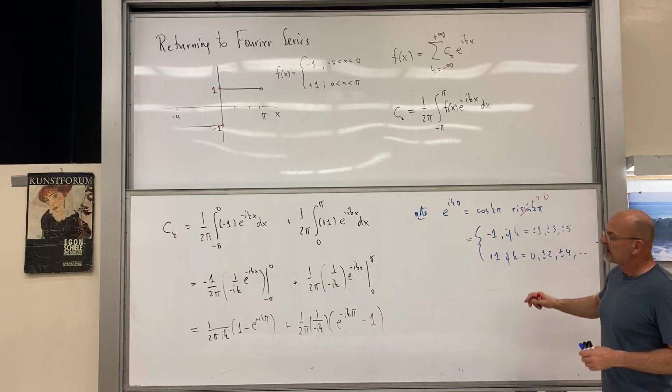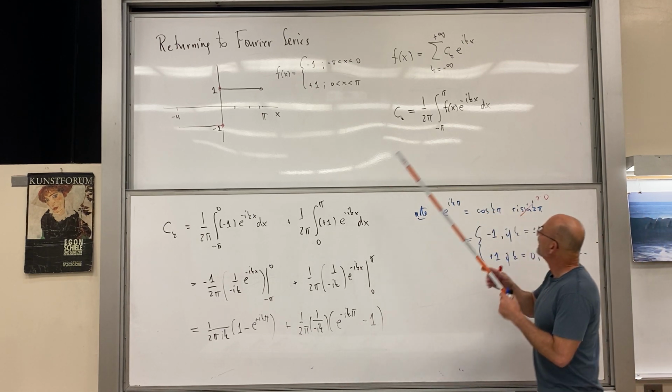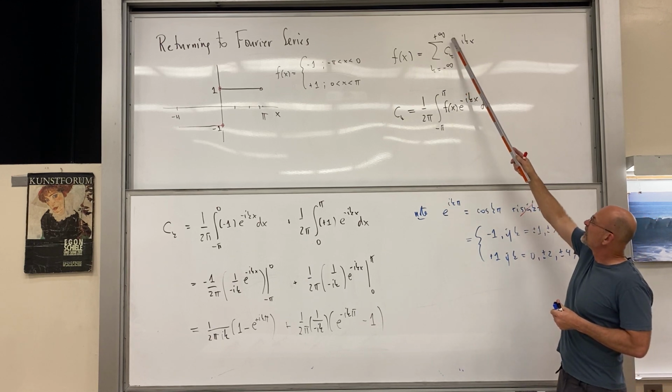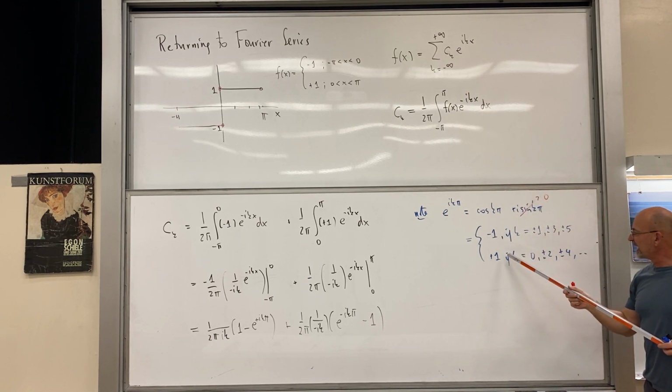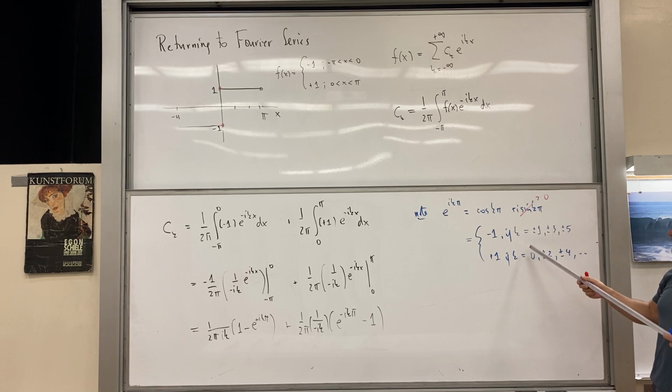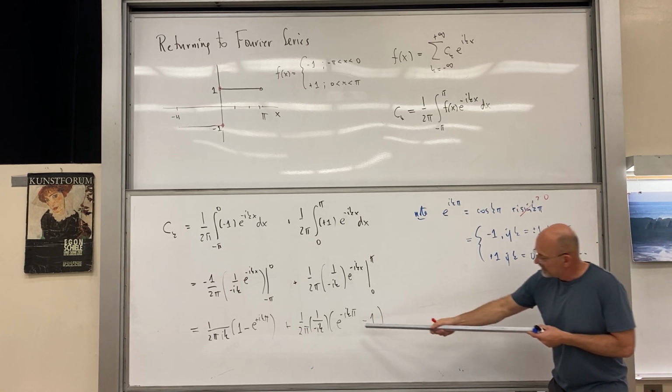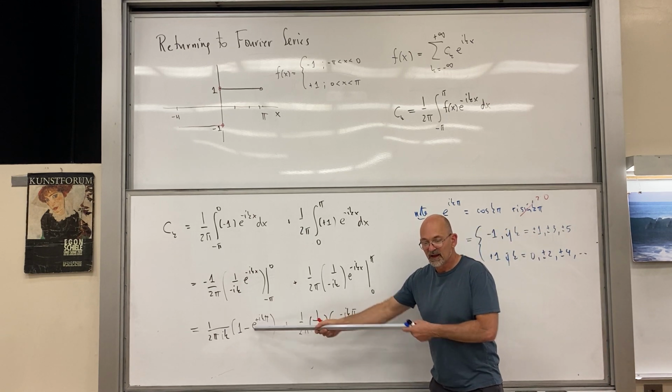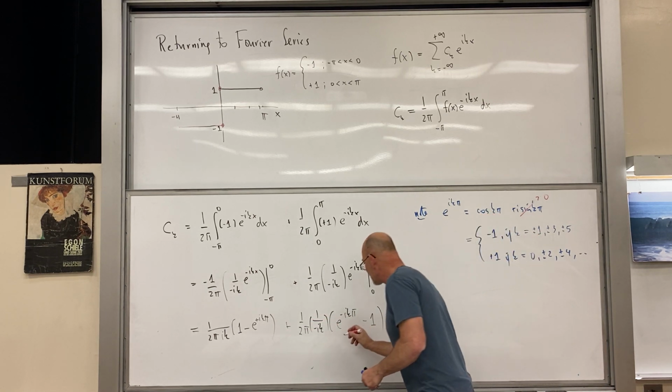So in fact, our k goes from minus infinity to plus infinity, but only has the odd numbers, because when it equals +1, both of these vanish. Okay, so I'll put that under here as well.